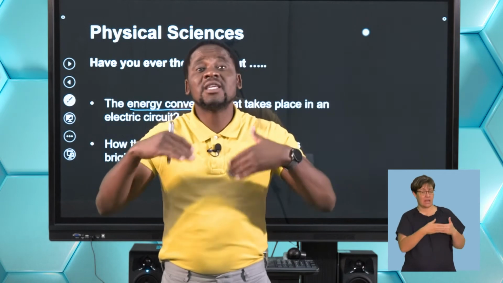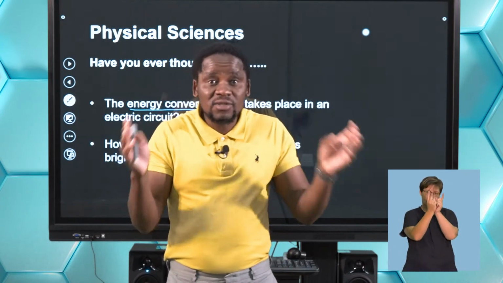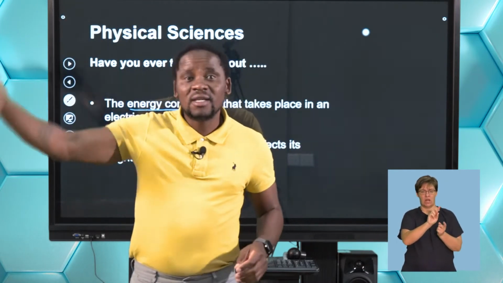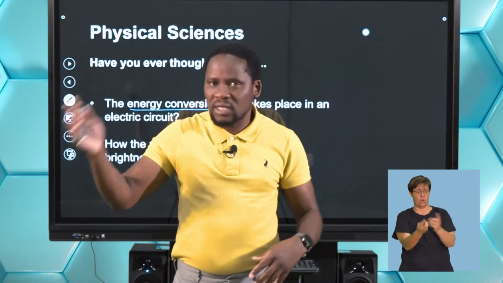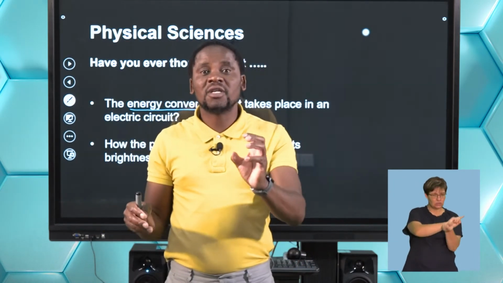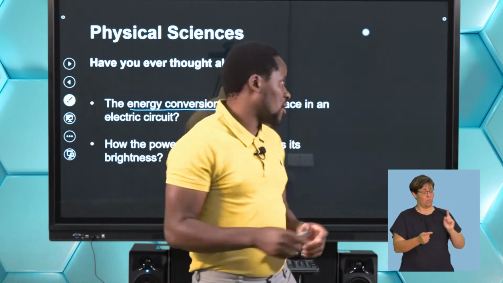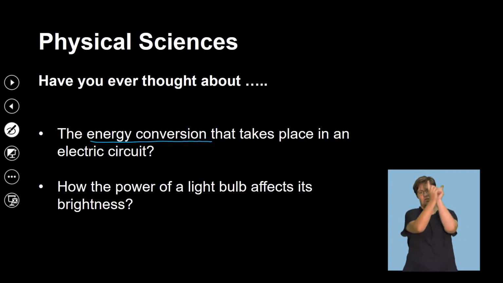We talk of energy conversion or energy transformation, not energy transfer, because transfer is definitely something else. It means transferring energy from one object to the other. Yet, our focus for today has to do with the conversion of energy from one form to another. So this is the thought about energy conversion that takes place in an electric circuit.